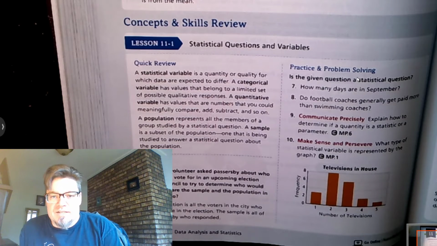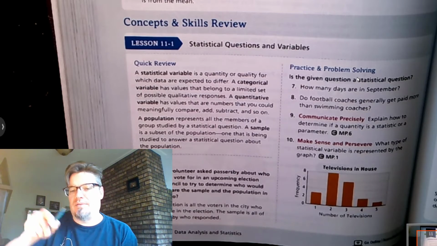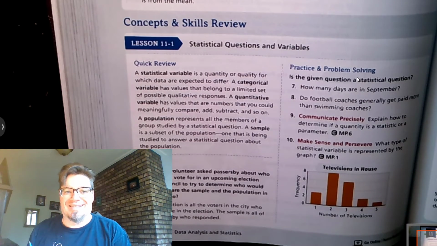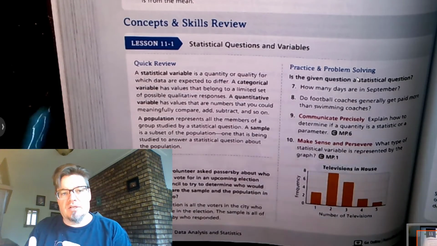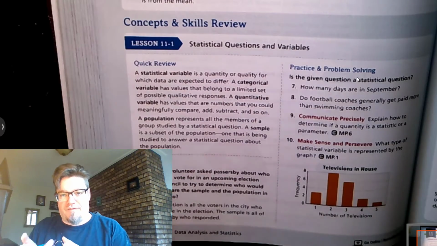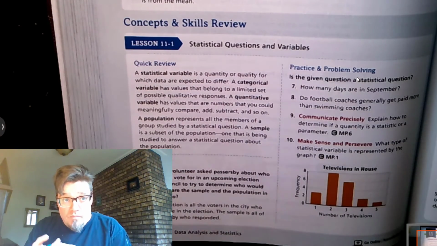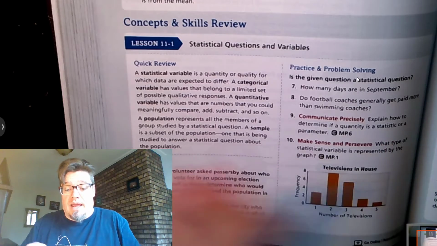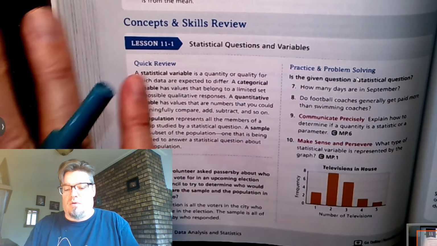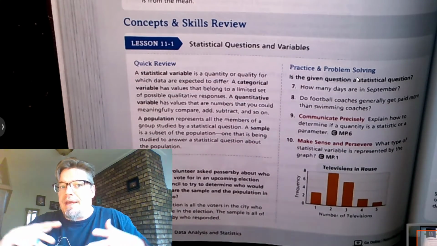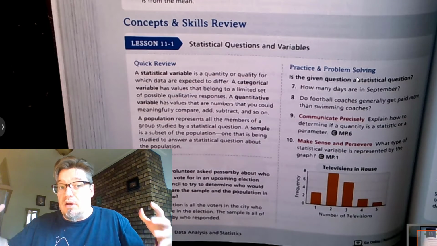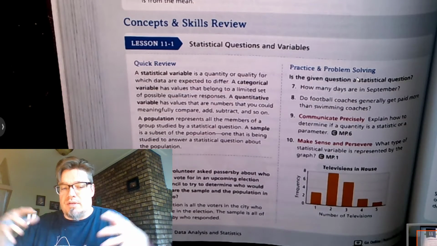Number 9, explain how to determine if a quantity is a statistic or a parameter. And that's what I was kind of alluding to before. A statistic is information that you can glean off of a sample of the population. And if you randomize that sample, your ability to get a picture of the bigger population is going to be more accurate.